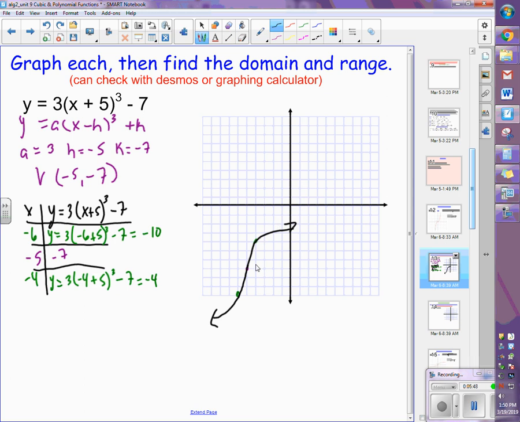All right, label your points, please. And that's a good graph.